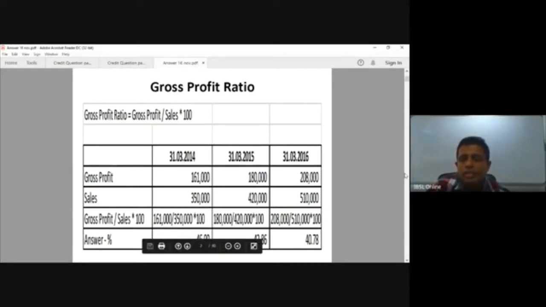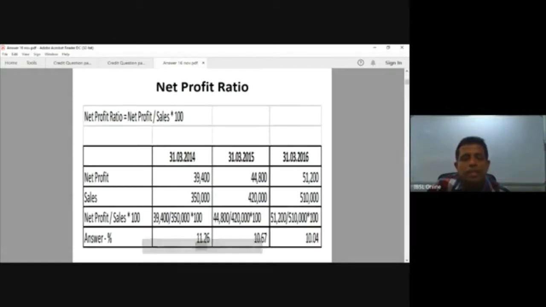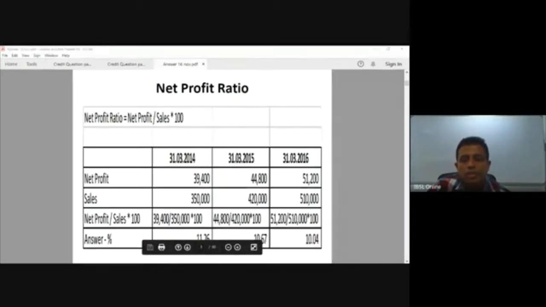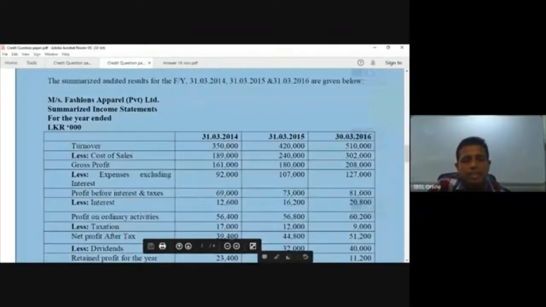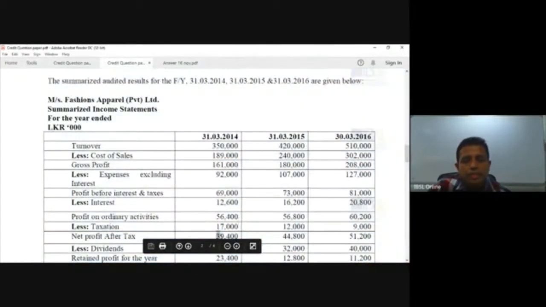Then the next ratio is the net profit ratio. We'll calculate that also. I'll go to the question. You have to directly take the net profit after tax. For 2014, 39,400, 2015, 44,800, 2016, 51,200.